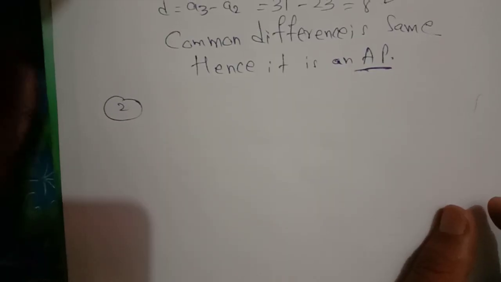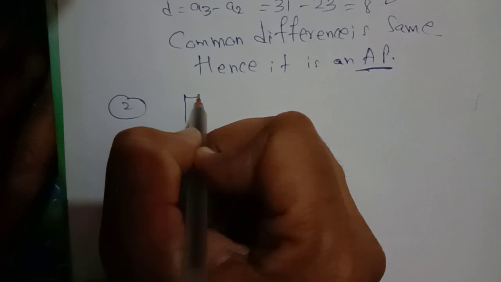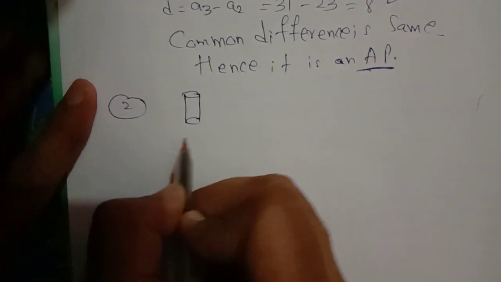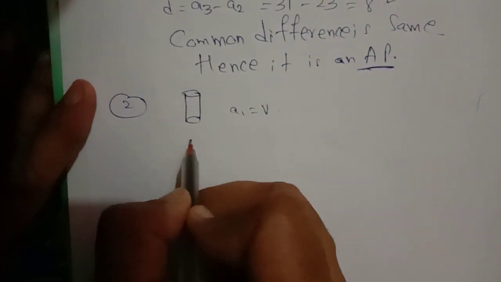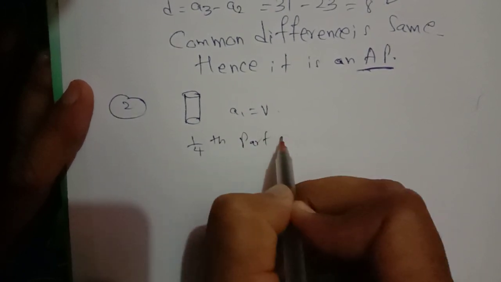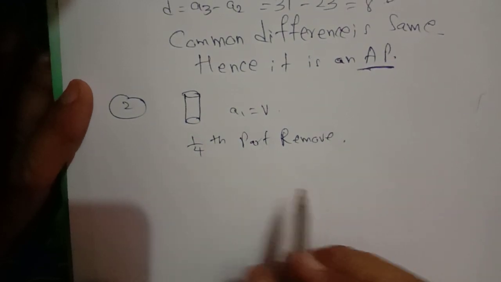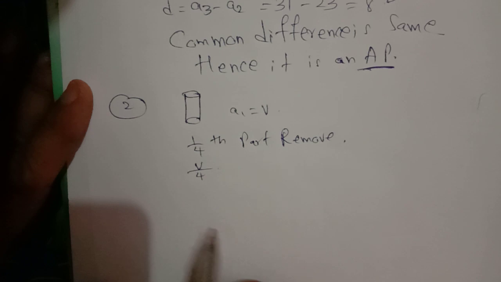So let us see how we can do this one. So let us say one cylinder is there. A1 is equal to V, you can say, and 1/4 is what we have to remove, means you can say this one as V by 4.